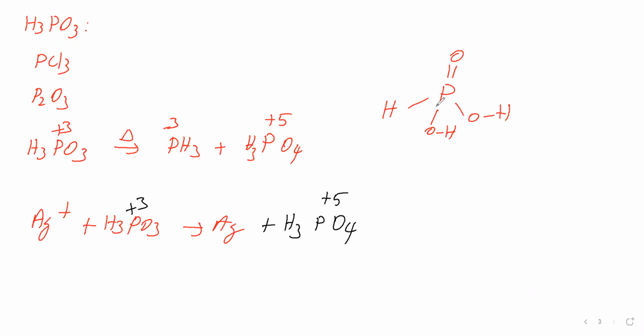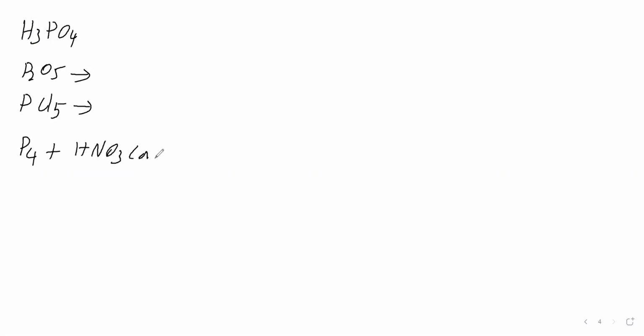Next we will take orthophosphoric acid, H3PO4. How to prepare H3PO4? P2O5 on hydrolysis gives H3PO4, and PCl5 on hydrolysis gives H3PO4. Next preparation: white phosphorus is heated with concentrated nitric acid.